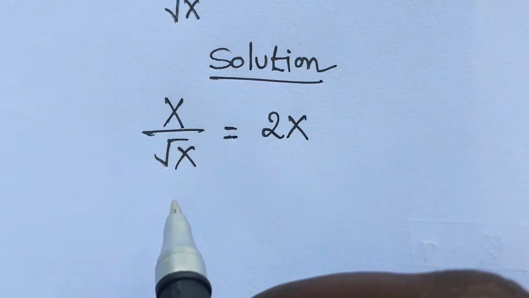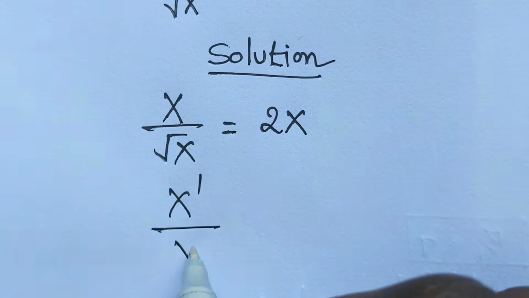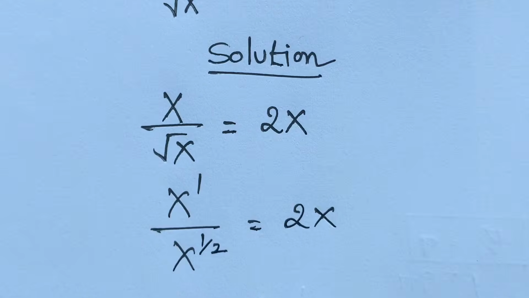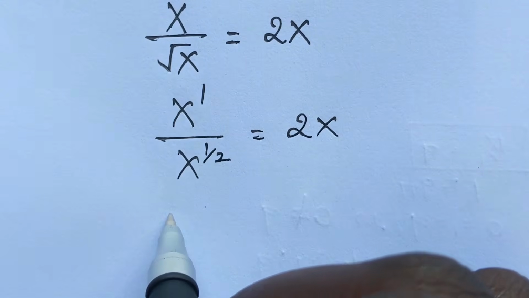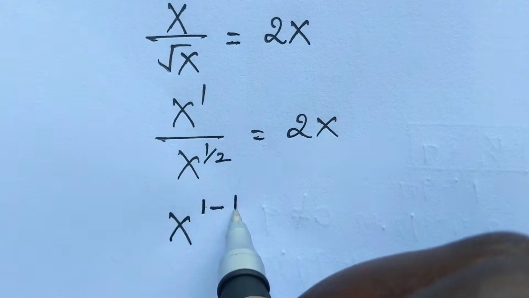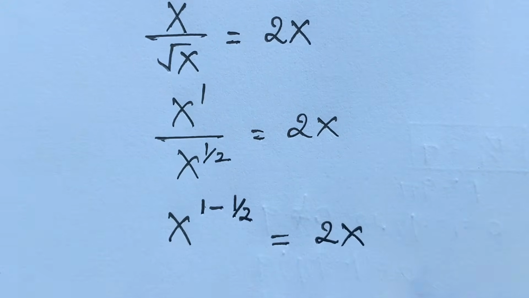We know that we have x power 1 over x power 1 over 2 equals 2x. So we can write this as x power 1 minus 1 over 2 equals 2x.